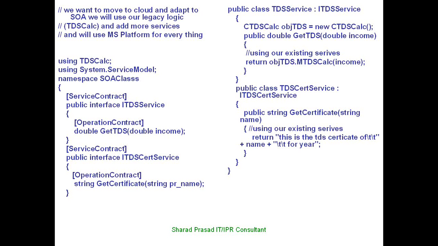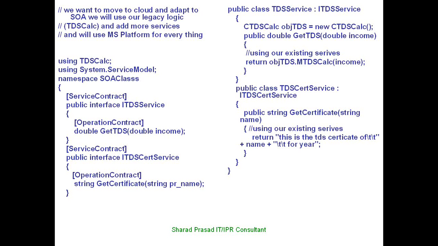So by default it is request reply, right? Once we have our contract, we need to implement the methods given in the contract. So we have two methods there, get TDS and get certificate.